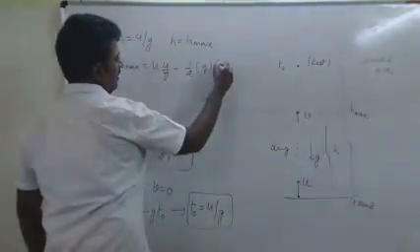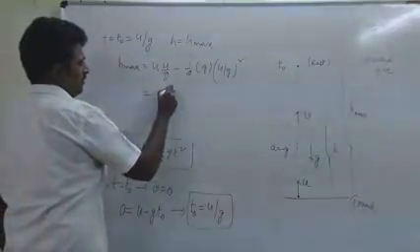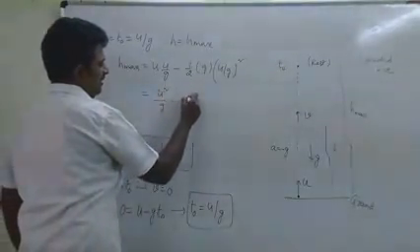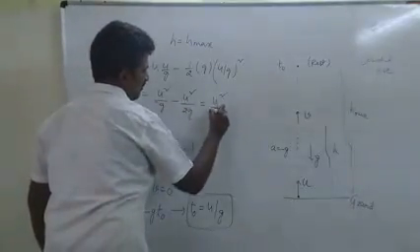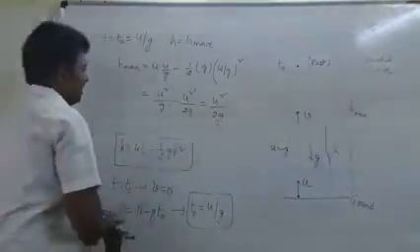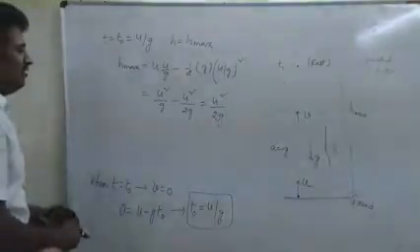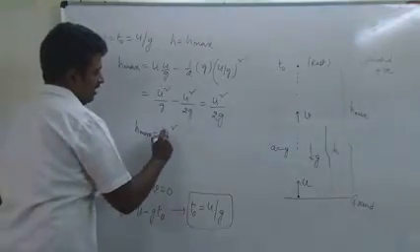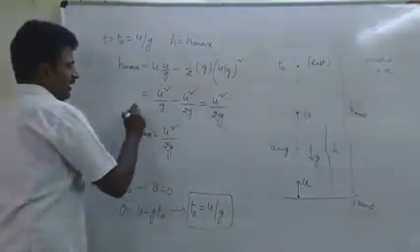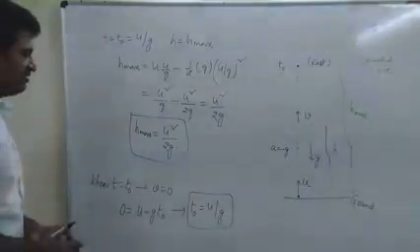T square will be u by g whole square, which is equal to u square by g minus u square by 2g, which will be equal to u square by 2g. Means the maximum height to which it has gone, that is h max, will be u square by 2g. I can get the same result even with the help of v square minus u square equal to 2as also.